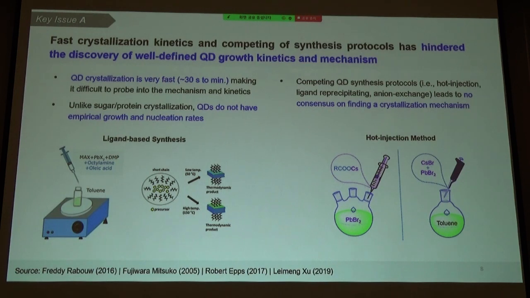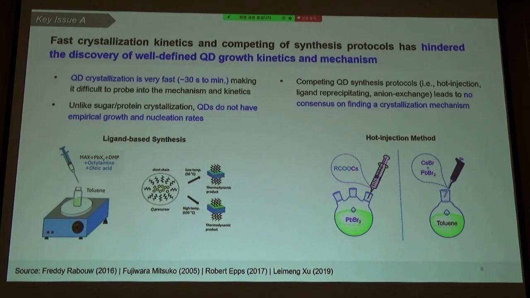These are from the standpoint of modelers or process control engineers. First of all, in general, not QDs, but organic or inorganic crystallization processes, like sugar, maybe even proteins and so on, require a lot of time to see the onset.